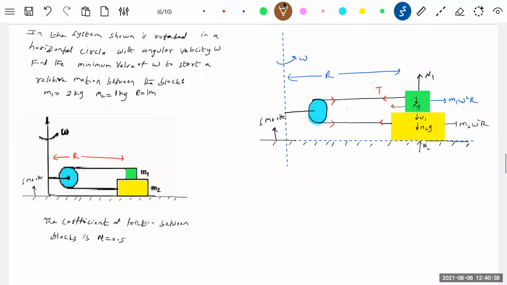There's a friction, no? Then the friction here in this direction. The question asks for omega when it's about to slip. What shall I do? Limiting friction. So adding these two equations, M1 omega square r minus fL.